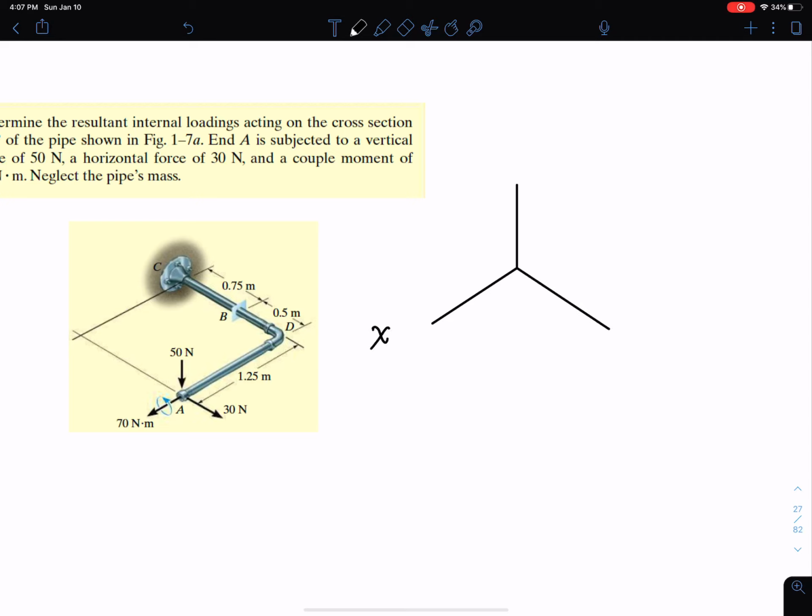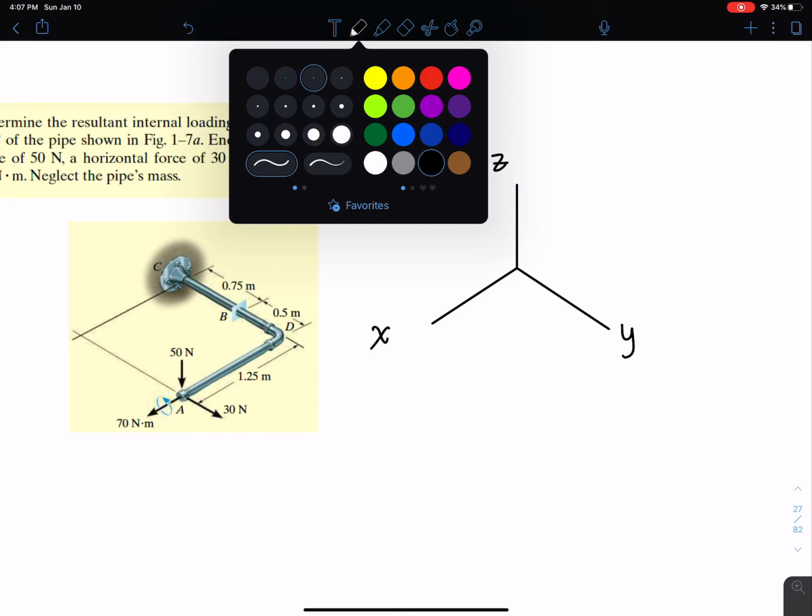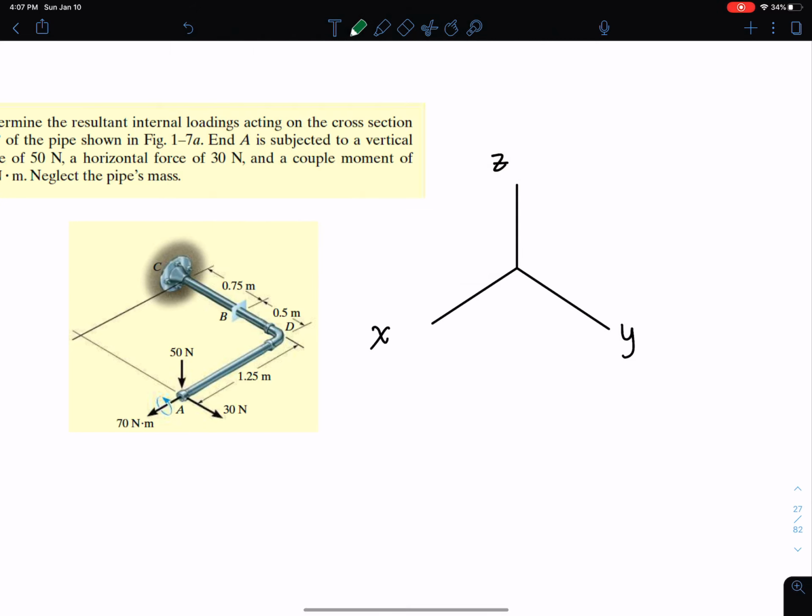This is my x, this is my y, and this is my z. This is the right-hand coordinate system, where your thumb represents the positive z-axis and your fingers curl from the positive x to the positive y. This pipe comes out along the y-axis, going something like this with a little curve.